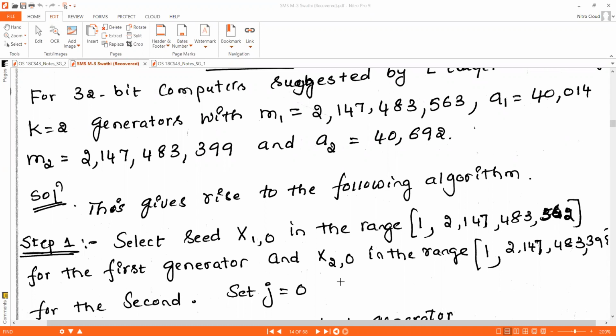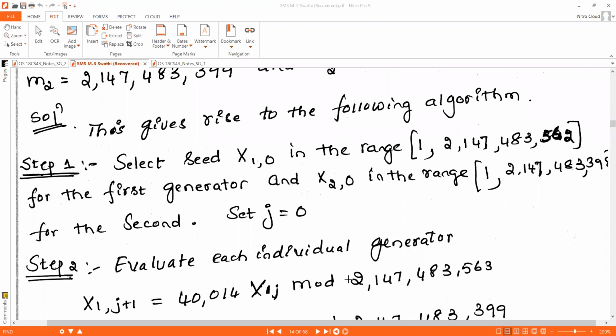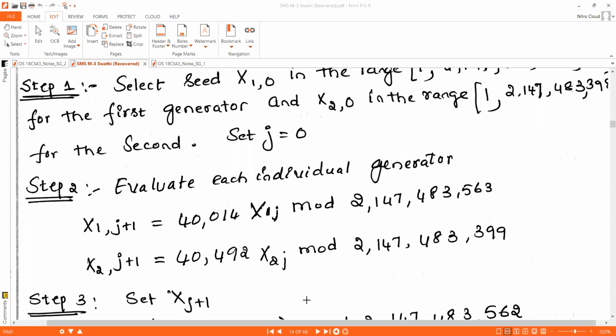First we set j equal to 0 and do the second step. The second step is to evaluate each individual generator. We know the formula: x1,j+1 is equal to a1 into x1,j mod m1.